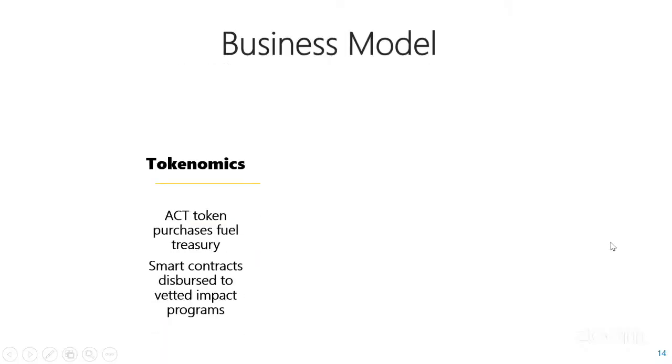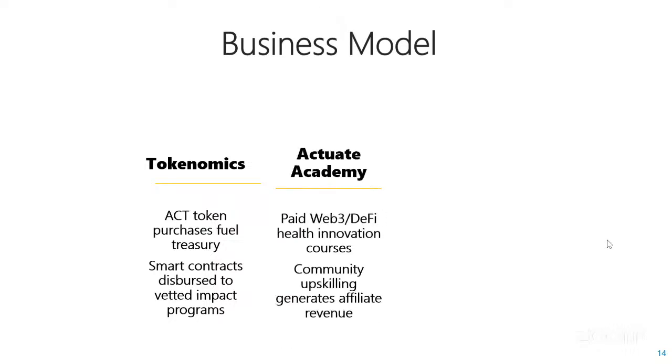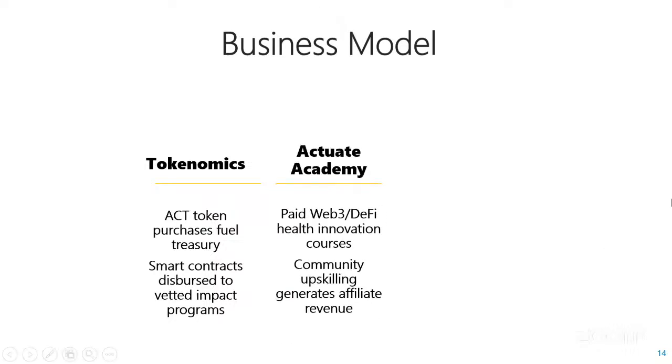And so our business model includes that we'll use the Actuate tokens to fuel the treasury, and we'll issue smart contracts to vetted impact programs. We'll also have the Actuate Academy, with paid Web3 and DeFi health innovation courses.